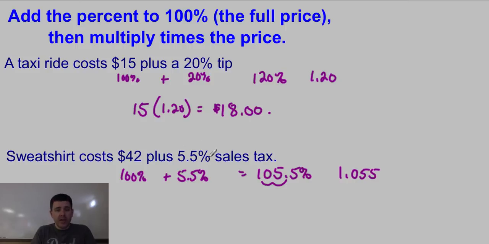But effectively, we're just adding that percent on to 100 because we not only want the whole price, but we also want that extra percentage. So 1.055 times our cost, times 42, gives me $44.31 as my answer. One calculation, everything done all at the same time.